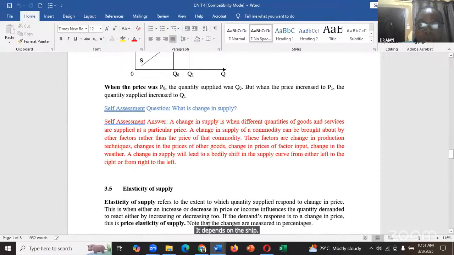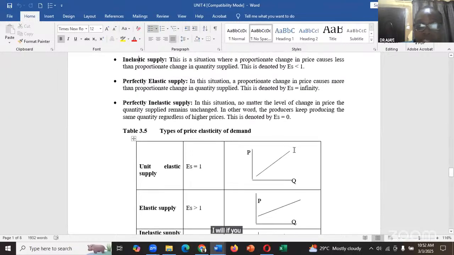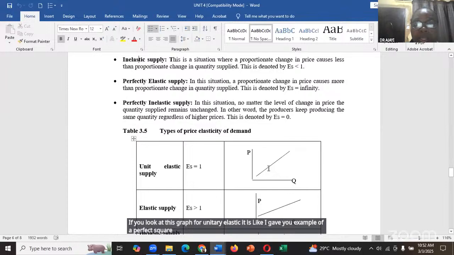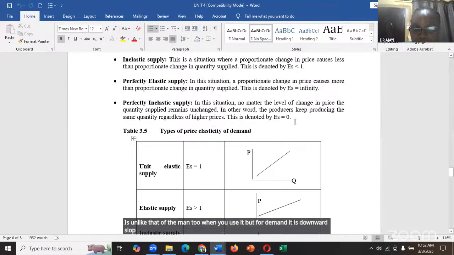For an elastic one, if you look at this graph, for unitary elastic, it is like I gave the example of a perfect square that if you are dividing it into two equal triangles, it will explain the curve of a unitary elastic supply. And like that of demand too, but for demand, it is downward sloping, but for supply, it is upward sloping from the left to the right.